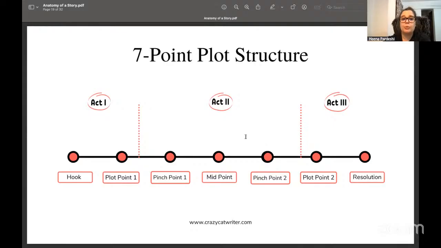Then we have plot turn 2 or plot point 2, final drive to climax, that is Amir's return to Kabul. And then we have resolution, that is transformation and meaning. And in Kite Runner, we have Amir saving Sohrab, and that will be his redemption.